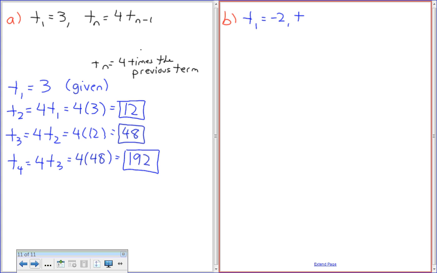T2 equals 3. Tn equals 2 Tn minus 2 plus 3 Tn minus 1 plus 1. If Tn minus 1 means the term before it, what does Tn minus 2 mean then?